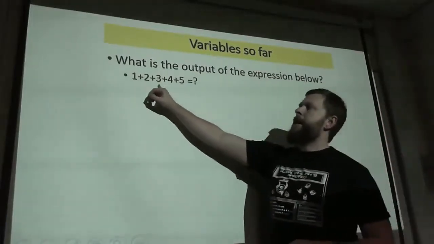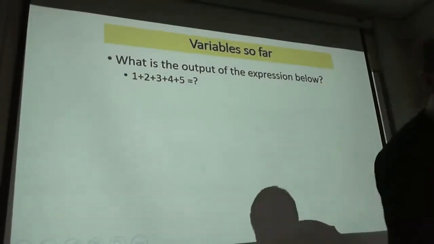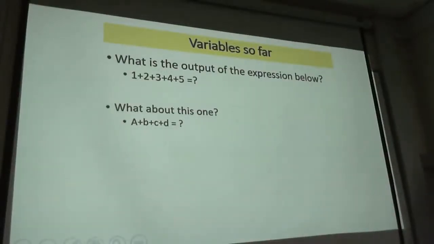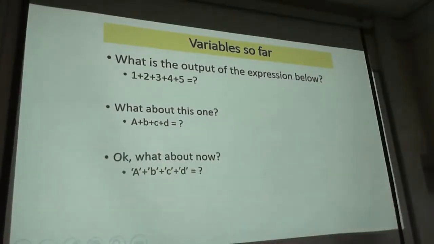Okay, so we understand that. That's reasonably simple. Well, what if I gave you A plus B plus C plus D? What do you think I'd get then? And then to make things more confusing, what if I did that? What would I get?